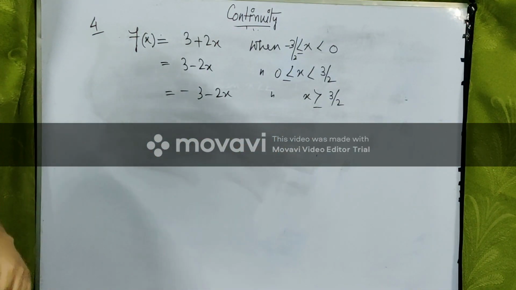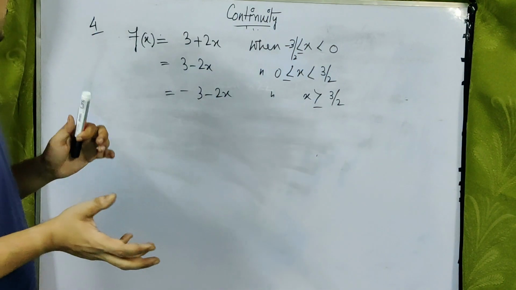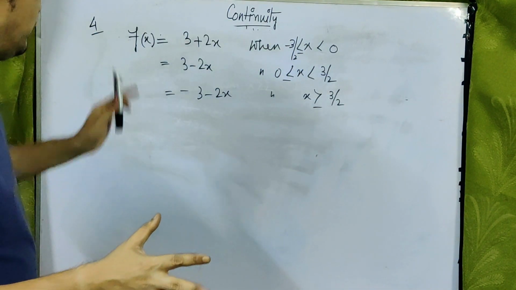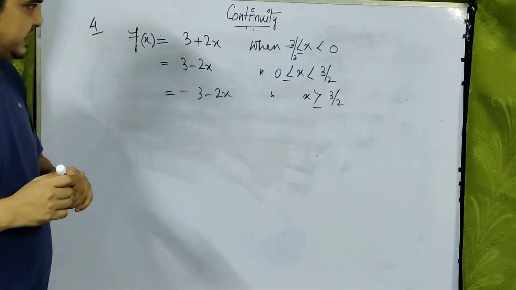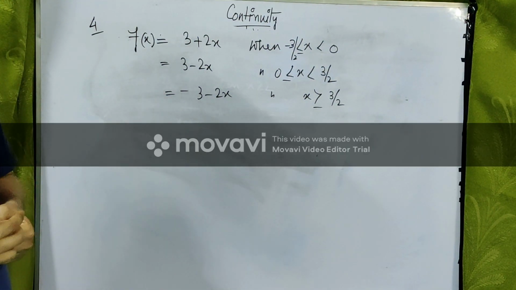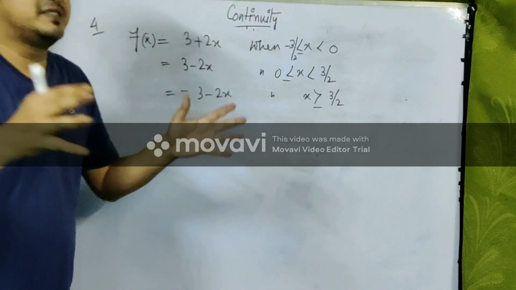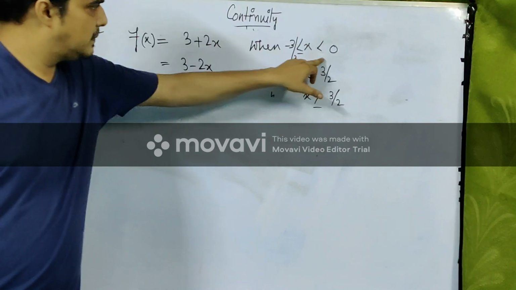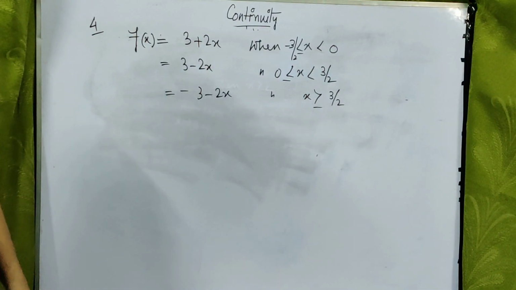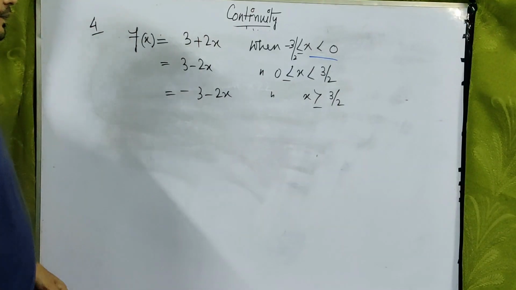Okay. First of all, we want to check the continuity of this function at the point x equals 0. So how should we redefine the function, or from the definition what should we take? To check whether it is continuous at x equals 0, first we check how it is defined when x is less than 0. When x is less than 0, the function is this one.